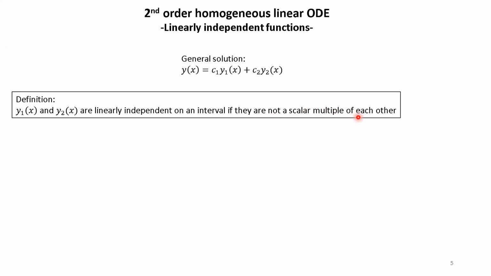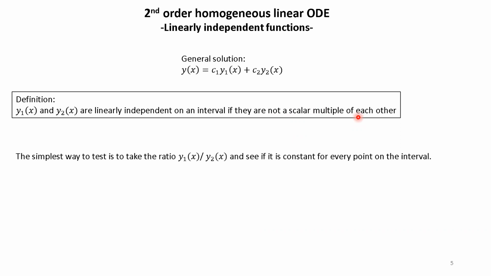What does it mean by scalar multiple? That means x and 2x, x and 3x, sine x and 5 sine x. You take one of the functions and multiply it by a constant, then you get the second. That means there's this scalar multiple relation.